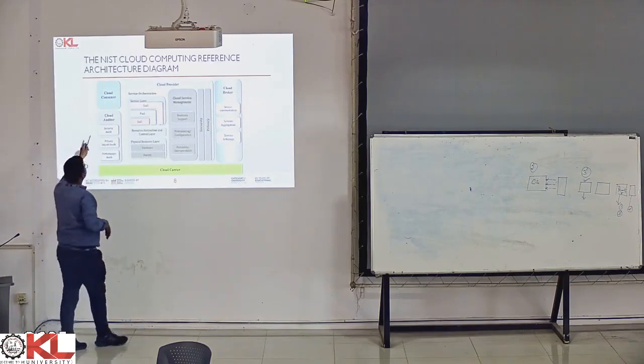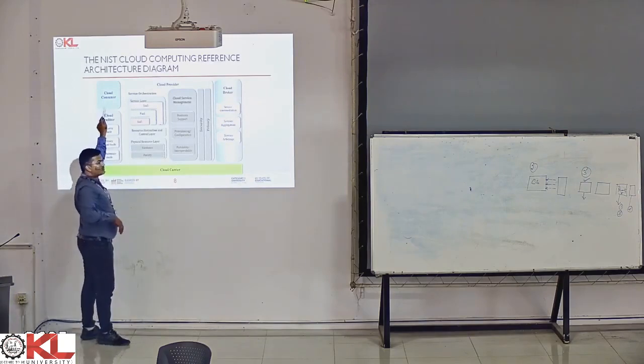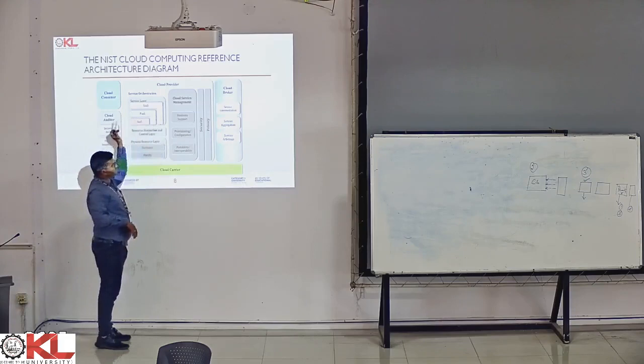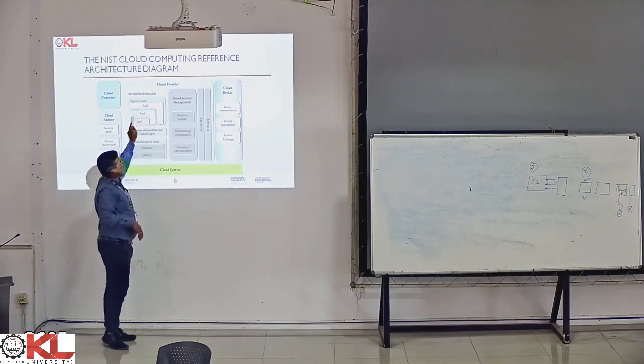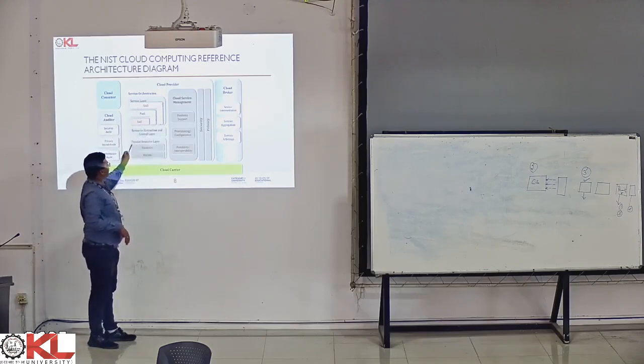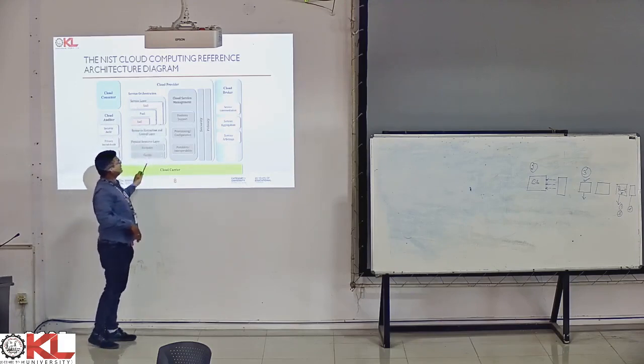You see, cloud consumers, who are the users, and cloud auditors, who will look after the security and different audits: impact audit, performance audit, maintenance audit, security audit. The orchestration of the cloud service provider looks like this. Services like SaaS, PaaS, IaaS, resource abstraction and control layers, physical resource layers, hardware and facilities.